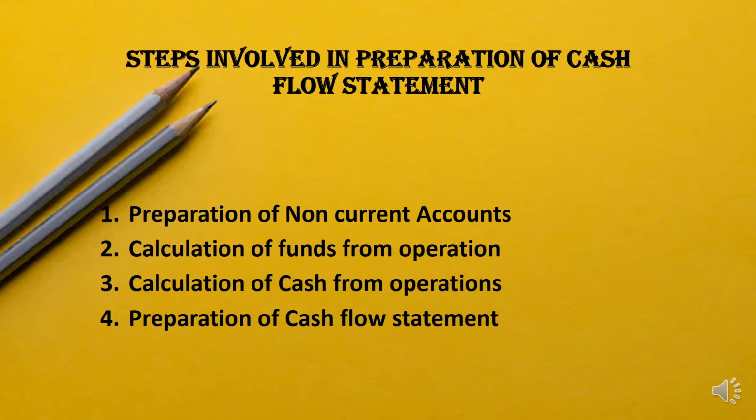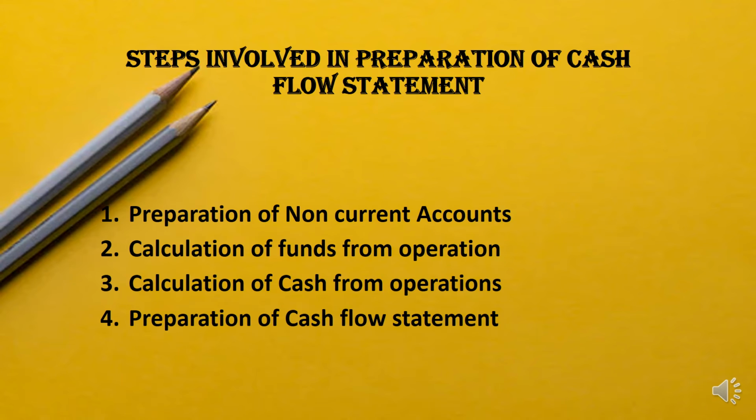The first step in the preparation of the cash flow statement is ascertainment of hidden information about sources and uses of cash. In order to ascertain the various sources and uses of cash, analysis of changes in non-current accounts is essential.